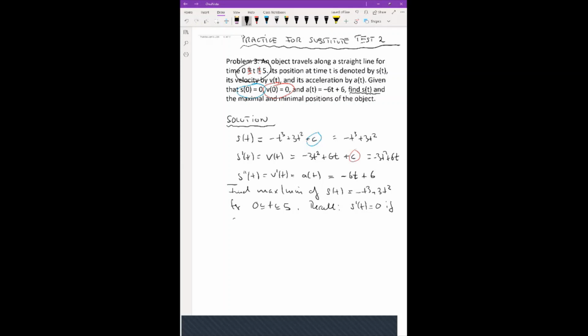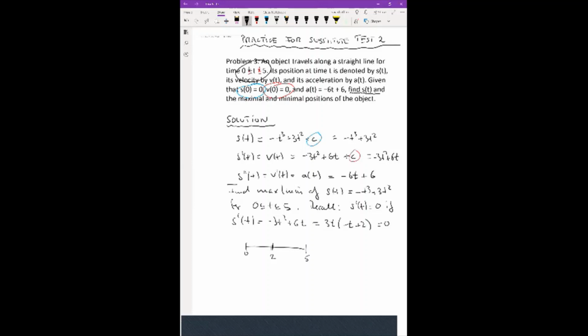So if this is equal to minus 3t squared plus 6t, which is then equal to 3t times minus t plus 2, and this is equal to 0. Now you make the first derivative test from 0 to 5. And you have at t equal to 2, you have a critical point.